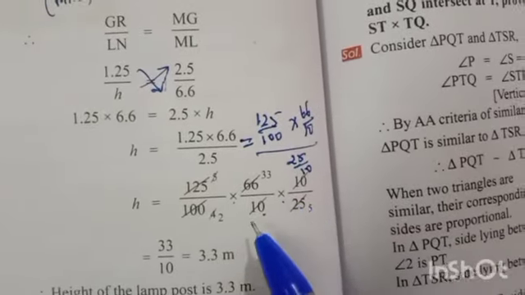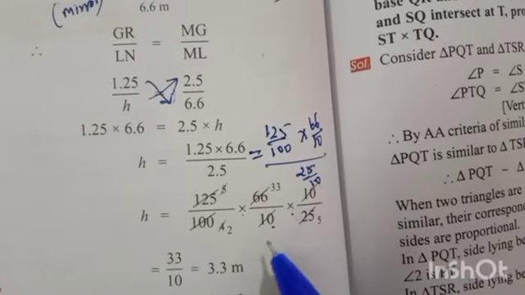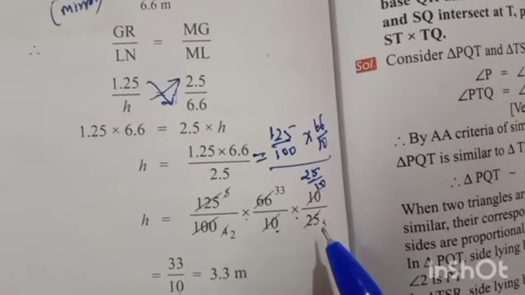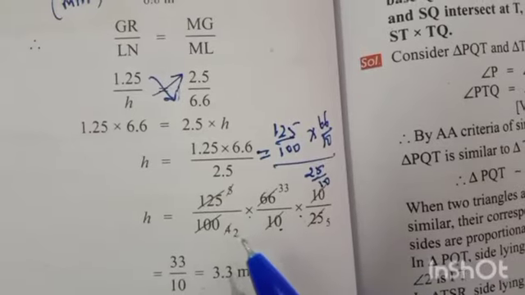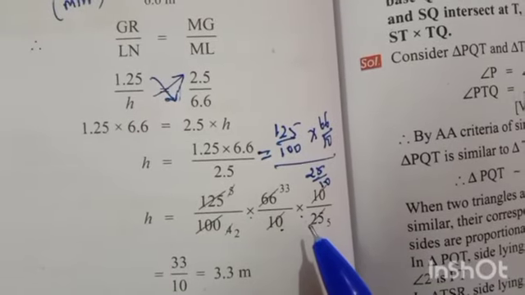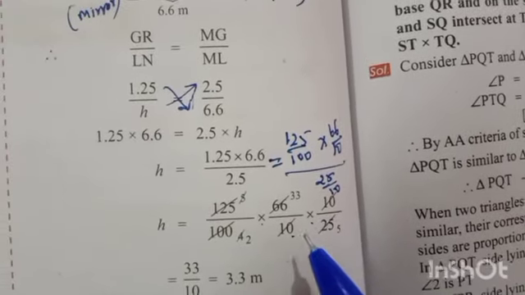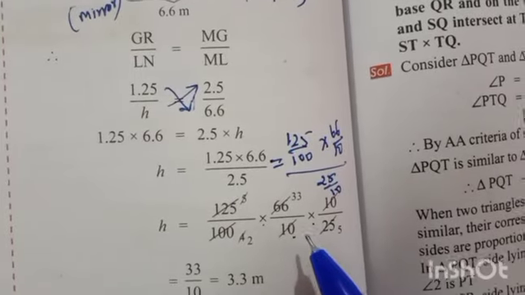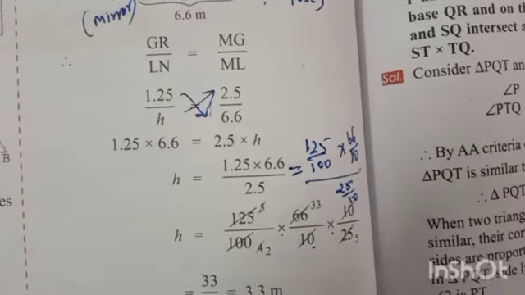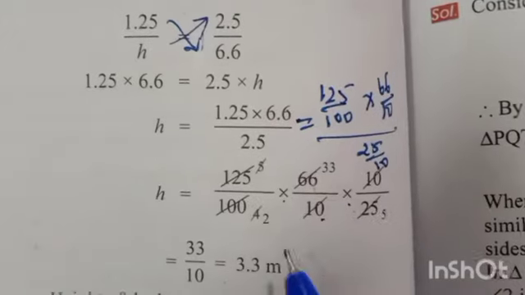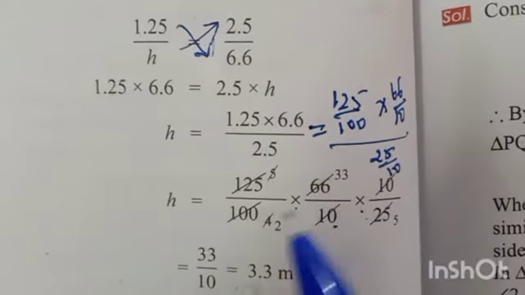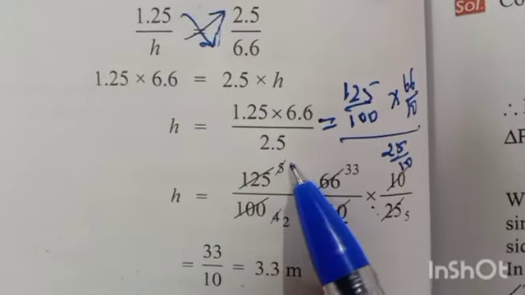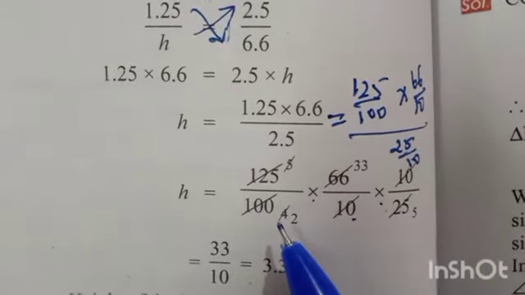Now you have to cancel. Listen, students, first the 10 cancels, then using the 25 table, it is 5 times 125 and 4 times 100.